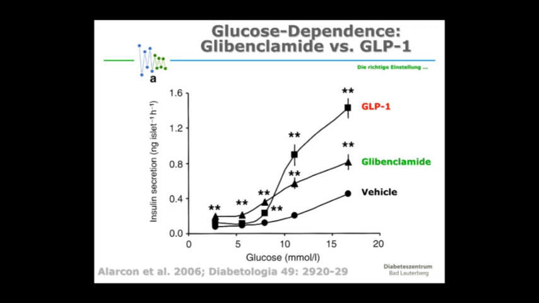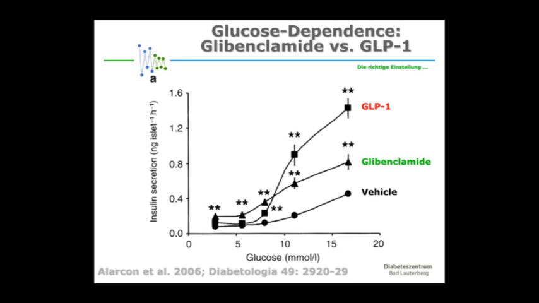There is some other special thing which applies to GLP-1, shown here, and GIP as well. If you look at the glucose dependence of this activity, even large doses of GLP-1 would not stimulate insulin secretion below fasting glucose levels. Only above a certain threshold, which may be 6 millimolar or so, you have a very steep augmentation of insulin secretion, whereas sulfonylureas, the other insulin secretagogues that we know much about, already stimulate insulin secretion significantly at hypoglycemia and normal fasting glucose, and they are not as well able to augment insulin secretion when the glucose levels are high.